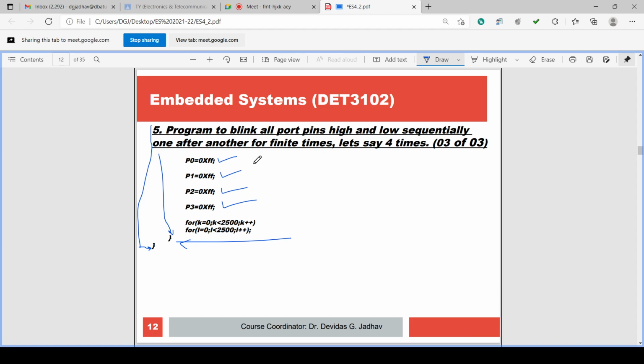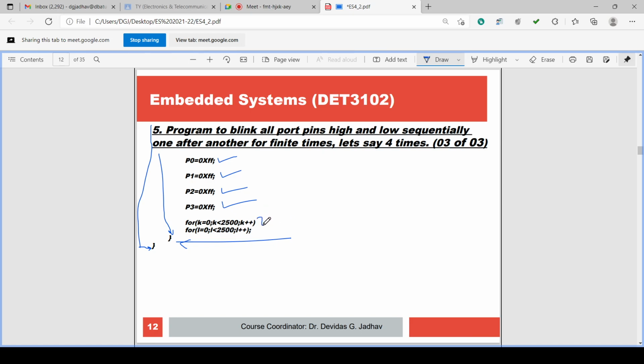We'll discuss that in the practical video. So I will upload that video, then we can discuss also. Okay. So in simulation also we can observe these states of P0, P1, P2, P3. Now P0, P1, P2, P3 all are high. All the 32 pins are high.